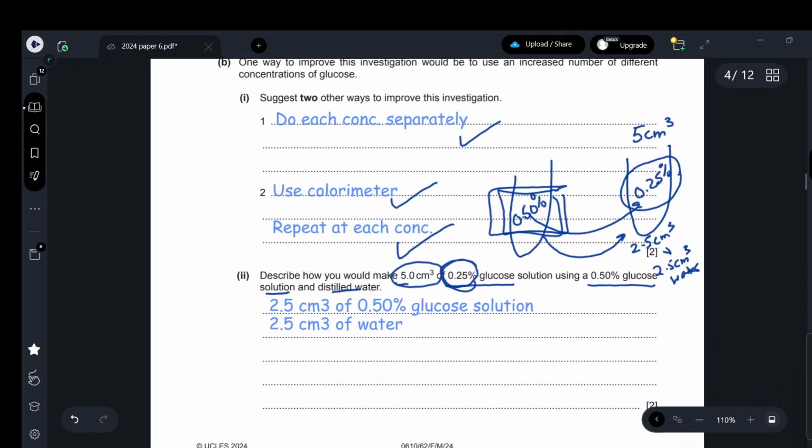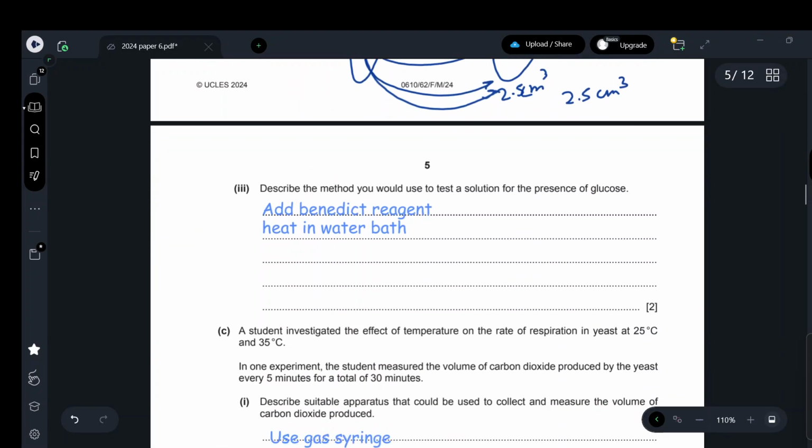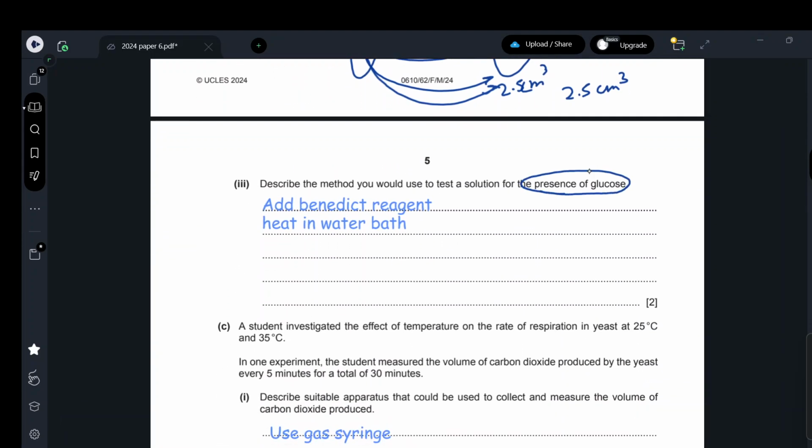So again, if you want to prepare 5 cubic centimeter of 0.25% glucose from a solution that is 0.50 glucose, you're going to take half water, half glucose solution: 2.5 cubic centimeter of the 0.50 glucose solution, 2.5 cubic centimeter of water.